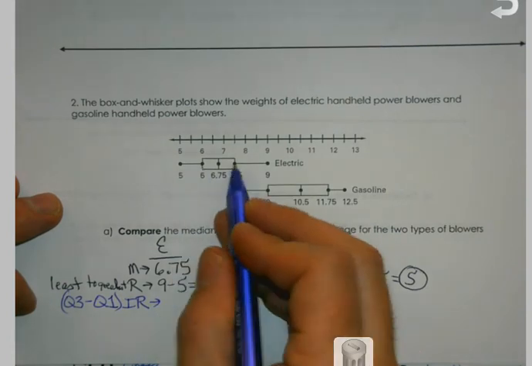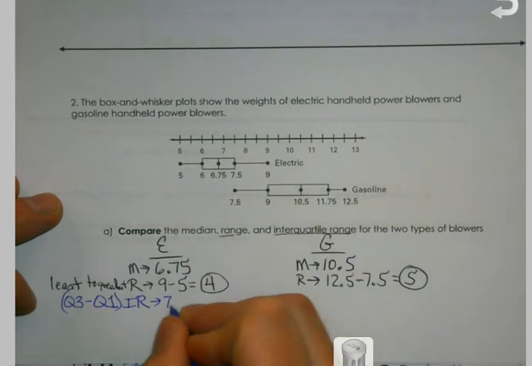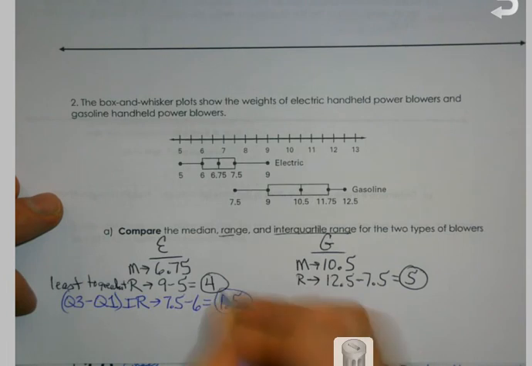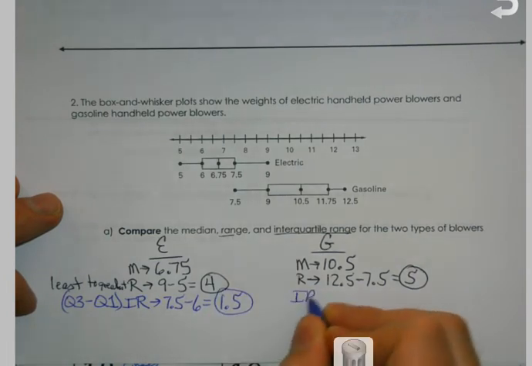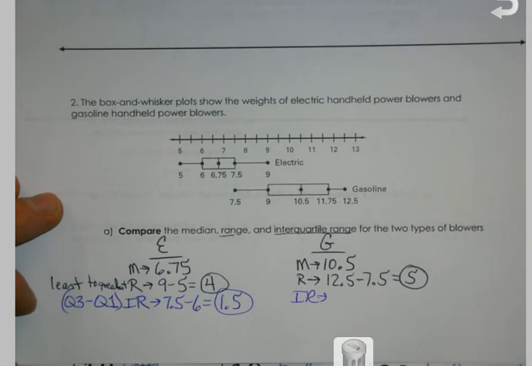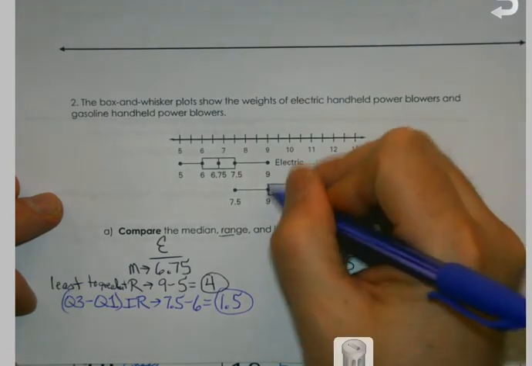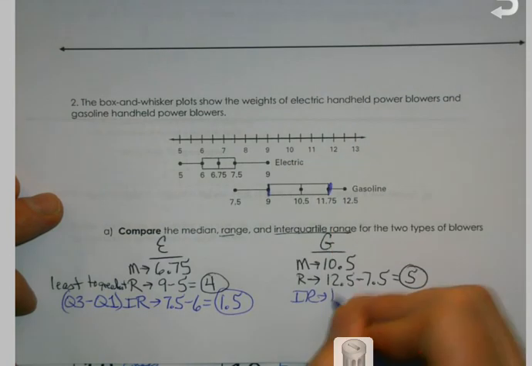Yeah, 6 and 7.5, because that's my Q1 and my Q3. What about for the gas? 9 and 11.75.